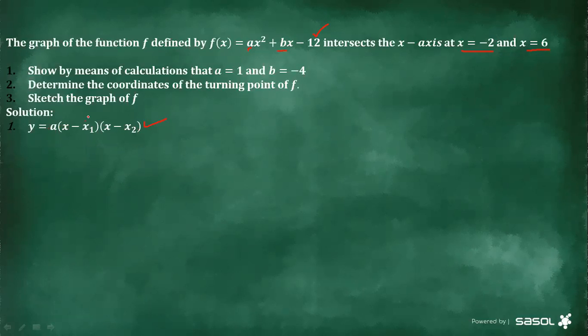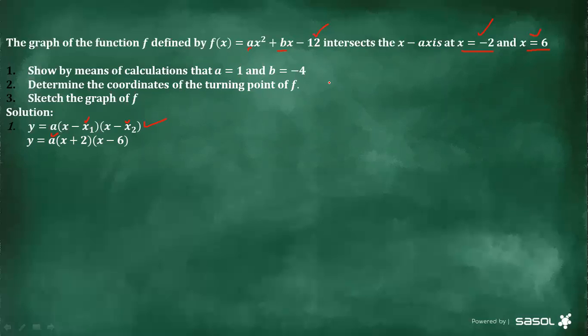Now, as you can see, x1 stands for the first x-intercept, and x2 stands for the second x-intercept. So this is what's going to happen: (x + 2)(x − 6), because 2 is negative, so the negative of that 2 and this negative give us positive, and 6 will remain as negative 6. Now, we are looking for a this time. So in order for us to get a, we have to look for a point on that parabola, other than these two x-intercepts.